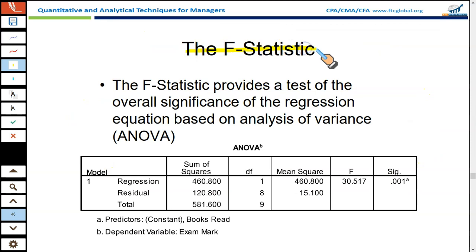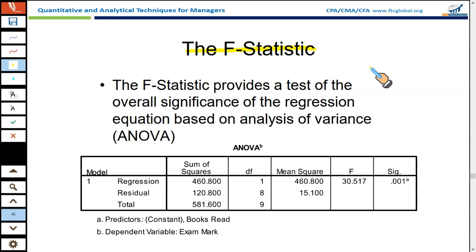The F statistic, what it measures. The F statistic measures whether there is a significant relationship between the dependent variable, our exam score, and the independent variable, the number of relevant books read. Basically, it's a tool that we use to establish whether there is a significant relationship between X and Y in a regression model.